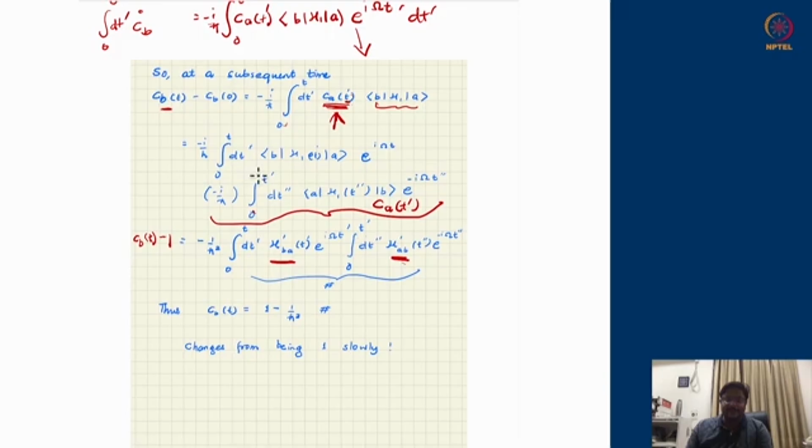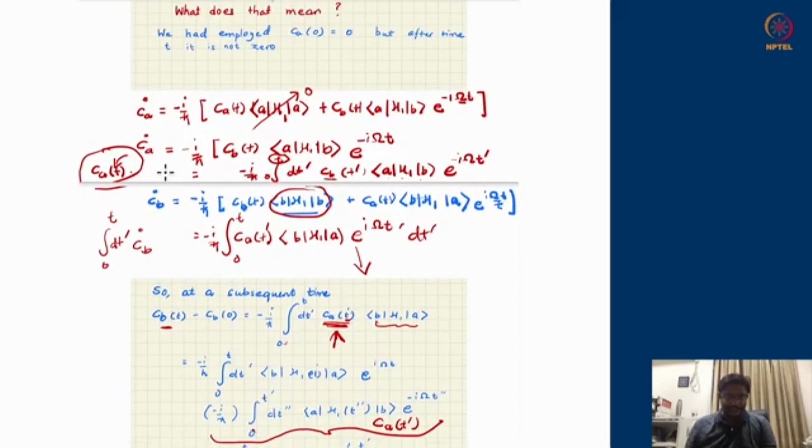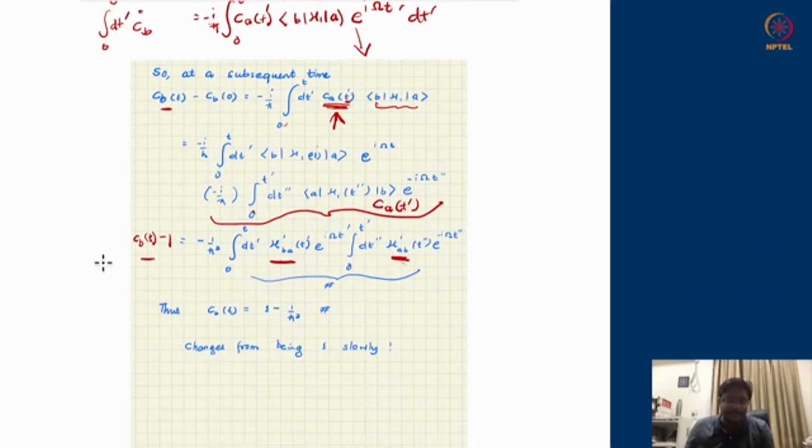So you see two matrix elements of the perturbation Hamiltonian have appeared in product to determine the deviation of CB from being 1. In the integration of CA, only one matrix element had appeared, while in the definition of CB of t's deviation from being 1, two matrix elements have appeared. So it is a second order object, while CA of t is a first order object.